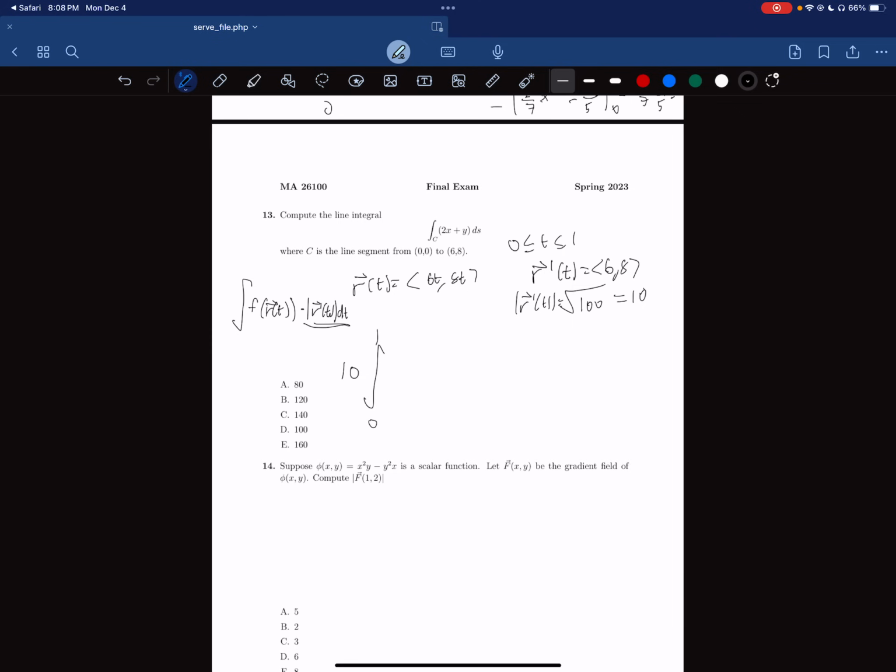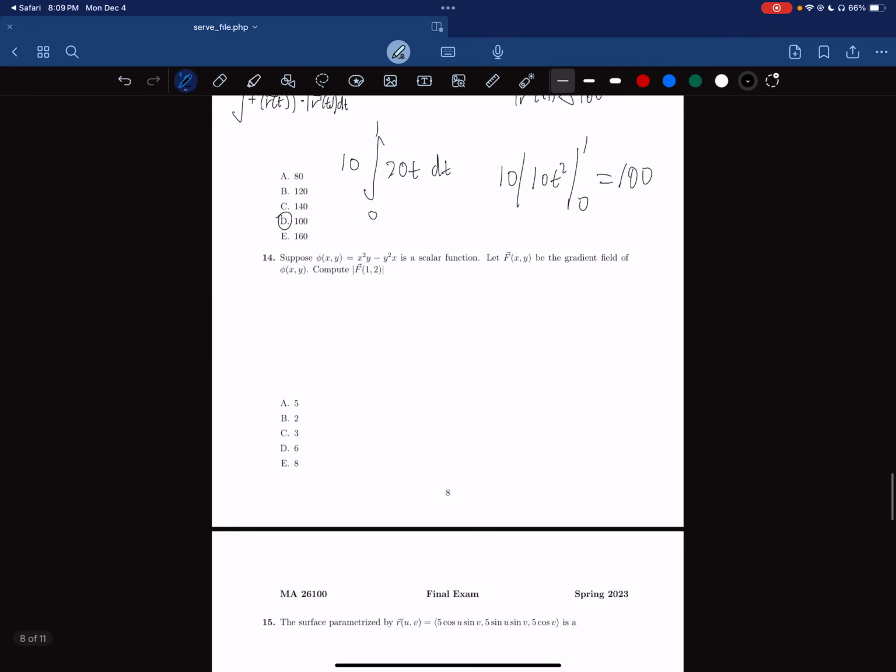That's our ds right here. Okay, and from 0 to 1, we're going to get 12t plus 8t, which is just a nice 20t. Okay, dt, and that is just 10 times 10t squared, the integral of that from 0 to 1, and that is just a nice 100, and that is D.